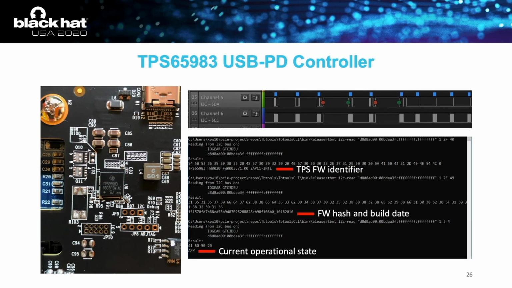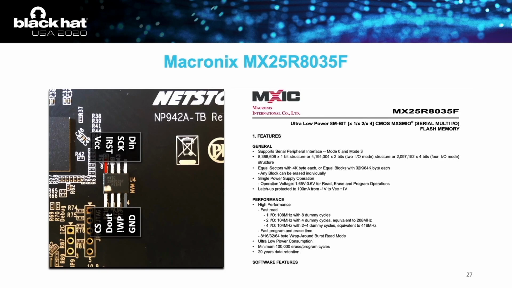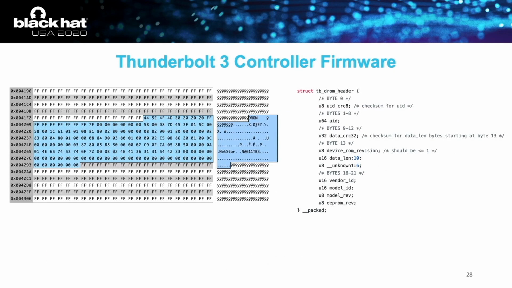But I haven't really looked much into that. Now, the SPI flash is of course very interesting, and we'll be talking a lot more about it in the rest of this presentation. Of course, we dumped its content, and what we found was the Thunderbolt 3 controller firmware.